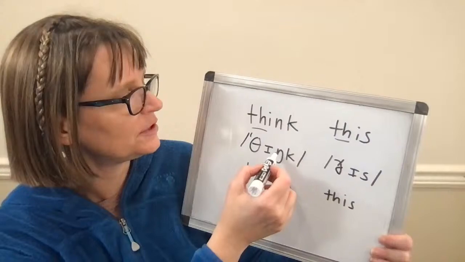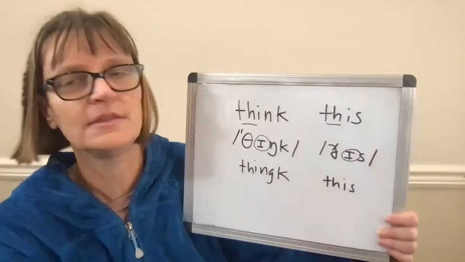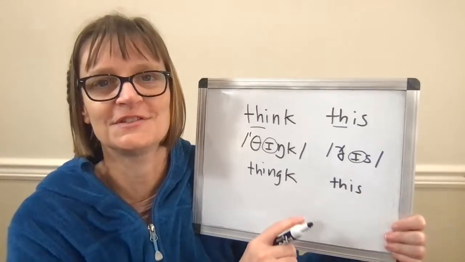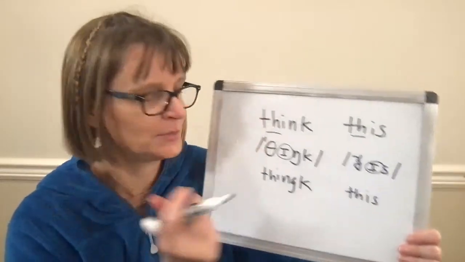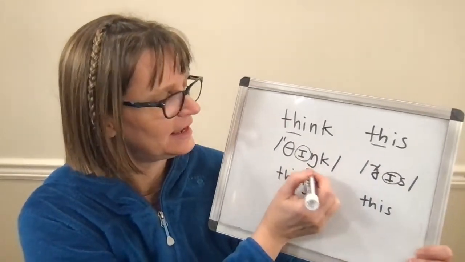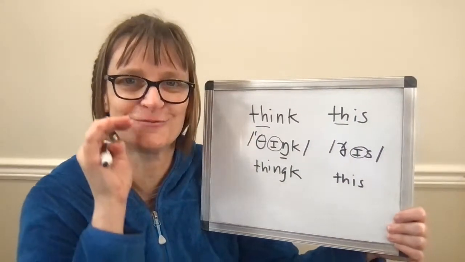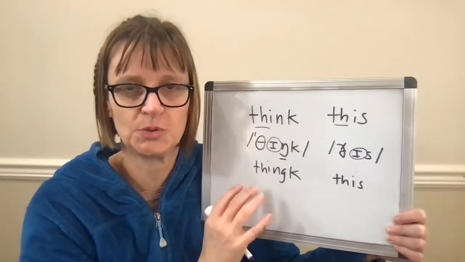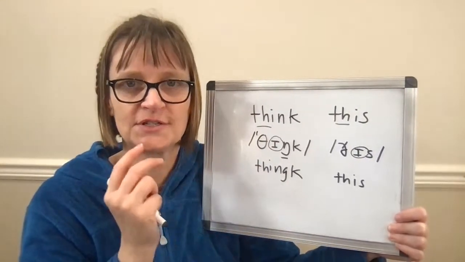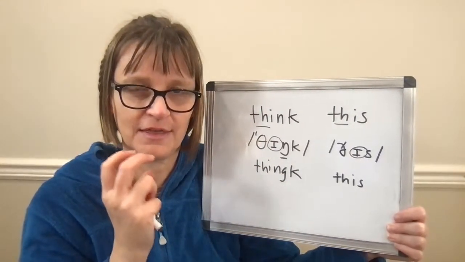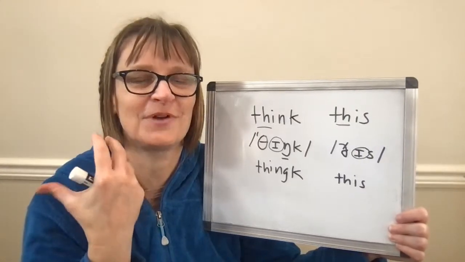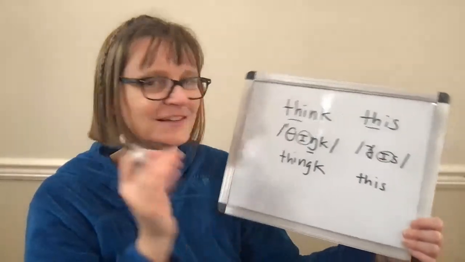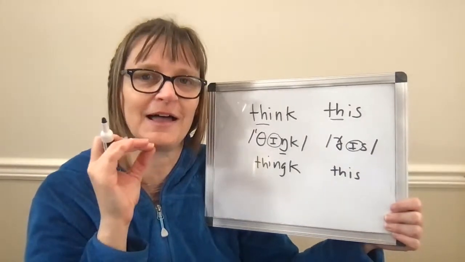What you might also notice is that even though these are the same vowel, when I say think versus this, it sounds a little bit different. That's because the ng sound tends to raise up and nasalize the vowels. So you don't have to intentionally do anything different with that vowel. You should still kind of have that th vowel. It's just that when I move into my ng, think, it's going to sound a little tenser and a little higher.